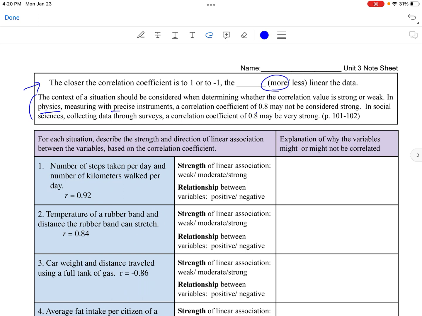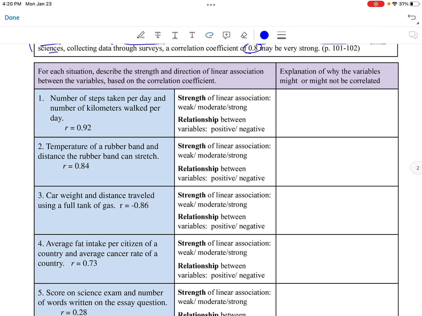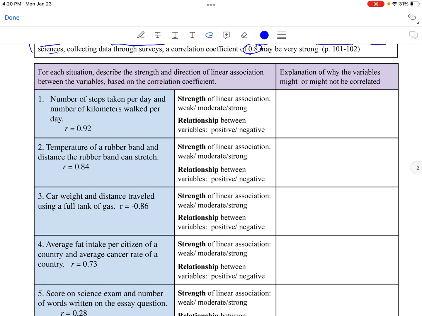If you're doing precise physics with really precise instruments and you get a correlation coefficient of 0.8, that might not be considered that strong. But in something where you're taking a survey of people, a correlation of 0.8 might be considered very strong. Okay, let's talk about how we fill out this chart.